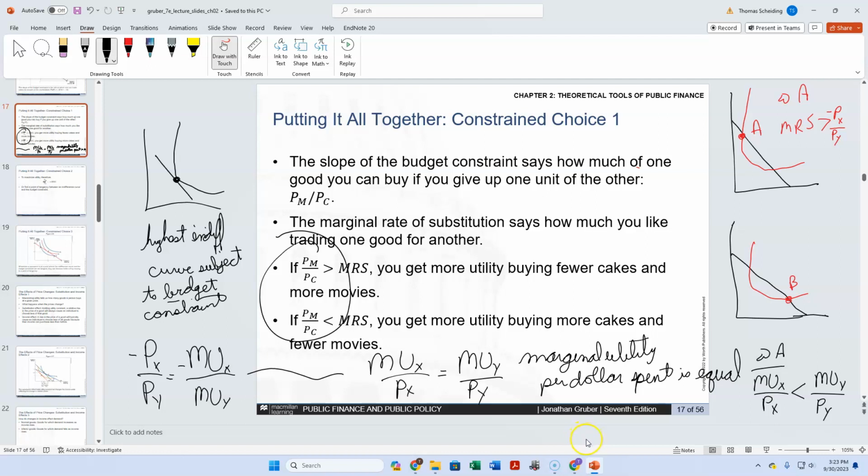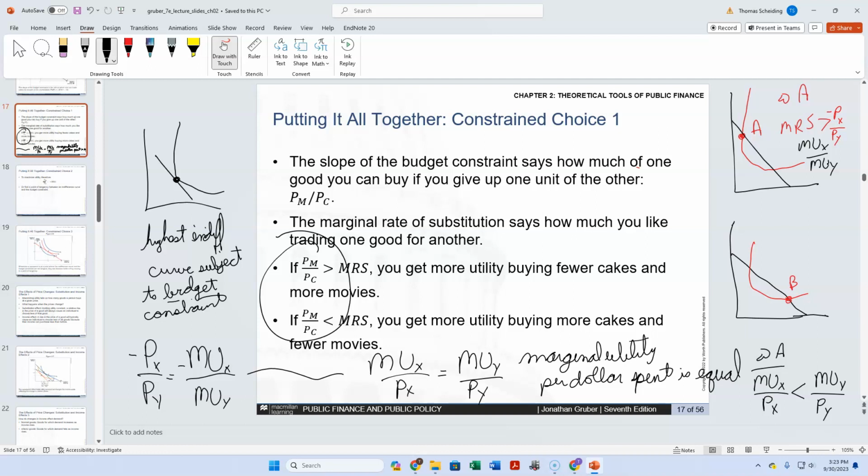Now, how did I know that? Well, in this case, this MRS is again MUX over MUY. If I start cross multiplying and rearranging the terms, what I find is that the marginal utility per dollar spent on good X is less than it is for the good on the y-axis.